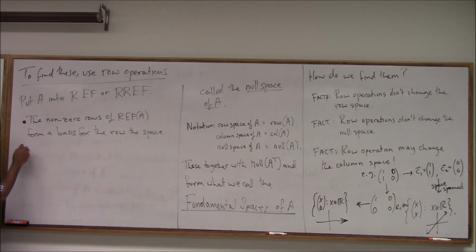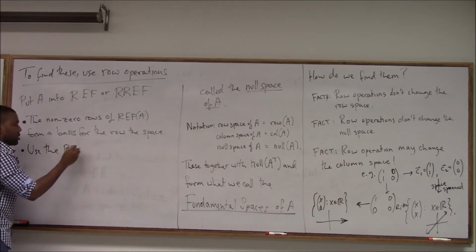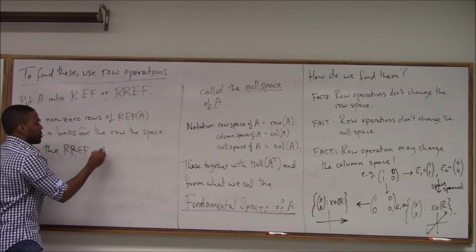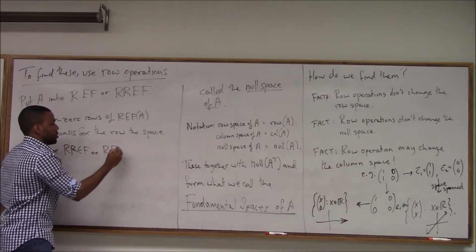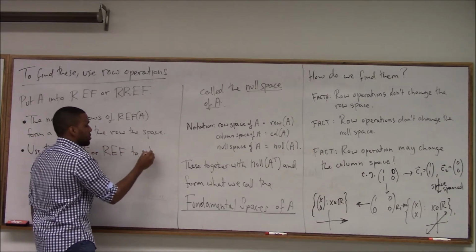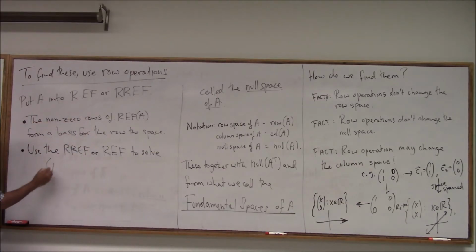If you use the reduced row echelon form or row echelon form to solve, and this we did last time, this augmented system, once you put it in reduced row echelon form or row echelon form, you can just pretend that the vector that you're setting it equal to is the zero vector, and then you find the solution to that.